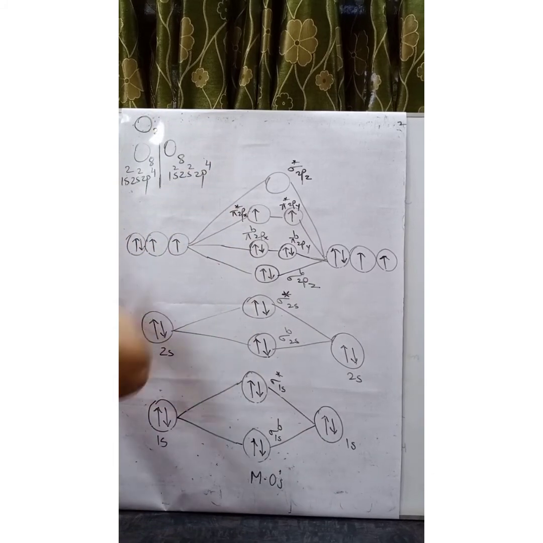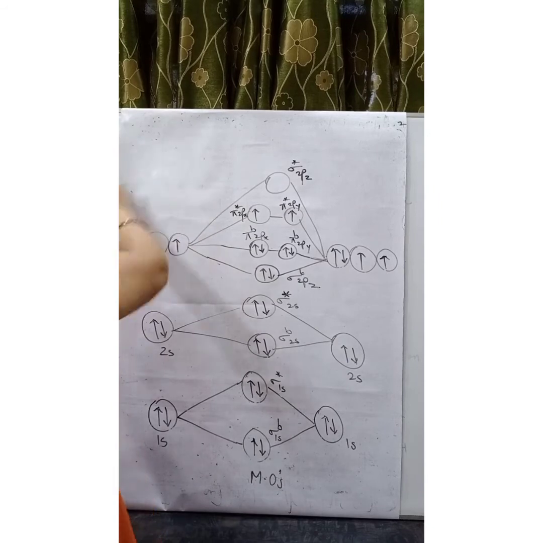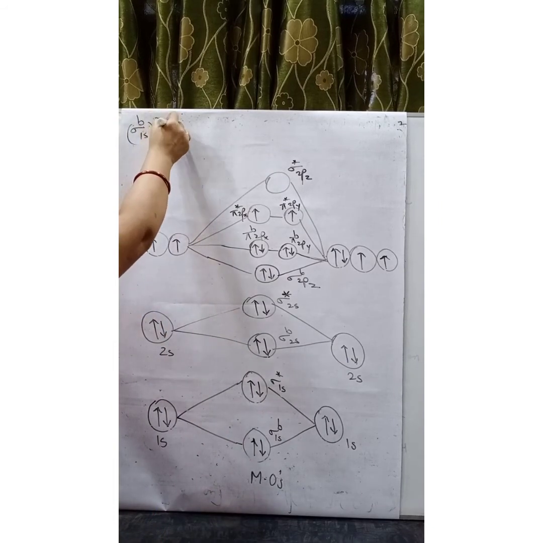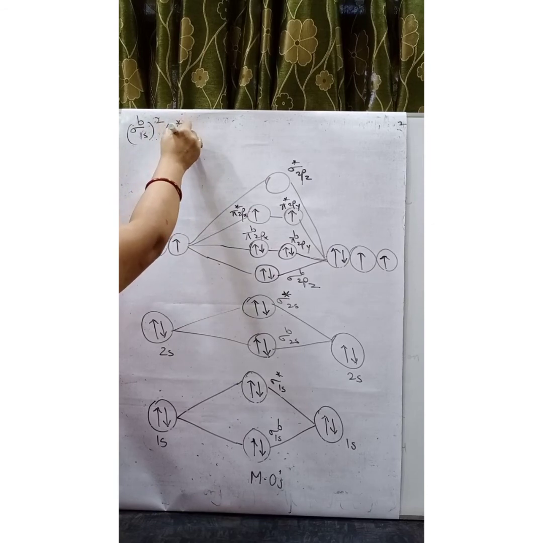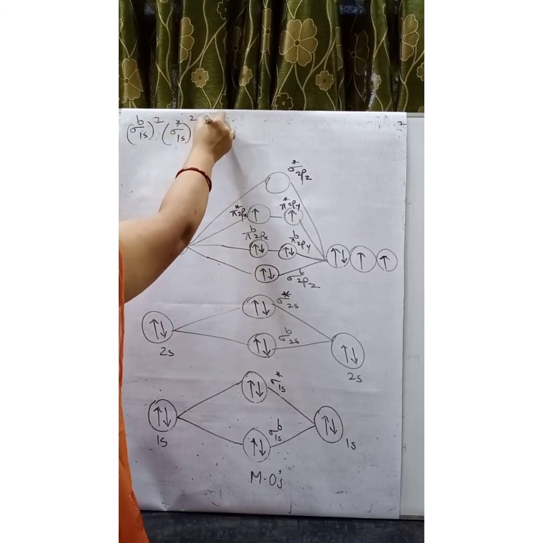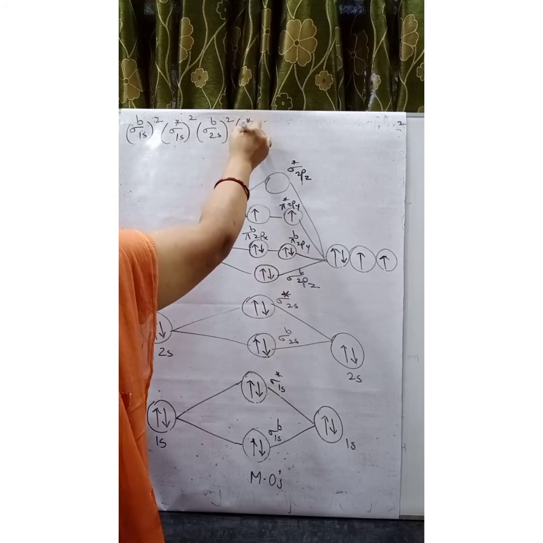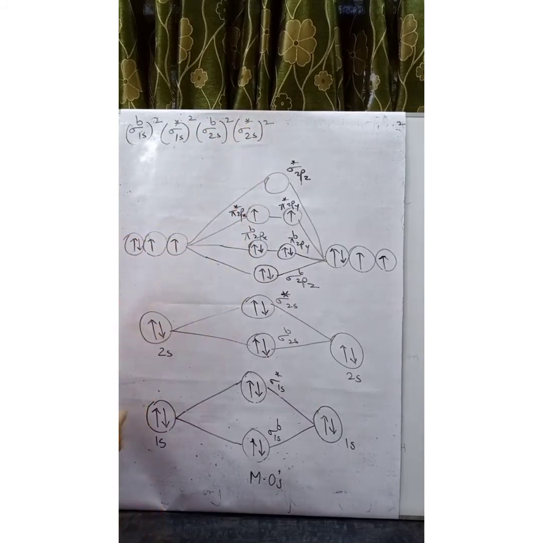Let's put down the electronic configuration of this. Sigma bonding 1s, 2 electrons, sigma anti-bonding 1s, 2 electrons, sigma bonding 2s with 2 electrons, sigma anti-bonding 2s with 2 electrons.